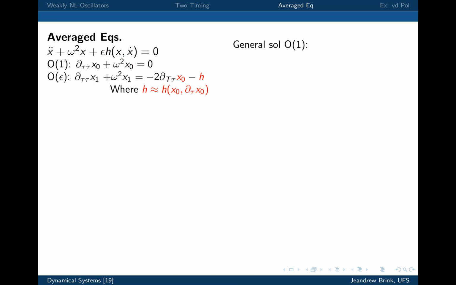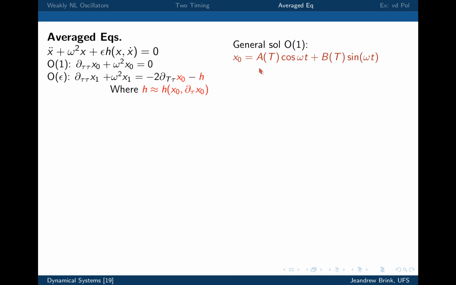Okay, so now let's just write down the general solution of order 1. It's simply this: A of big T cos of the fast time scale, so omega t. And this is where the omega is coming in, right? Because you have the omega entering there, so the frequency is omega.